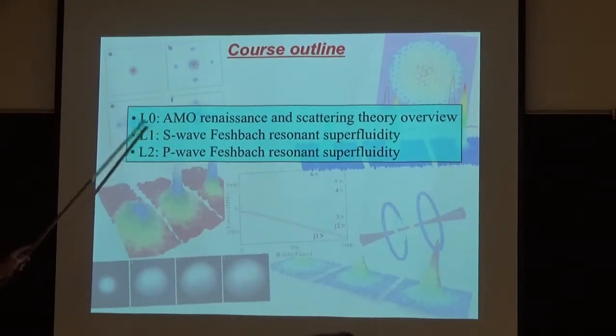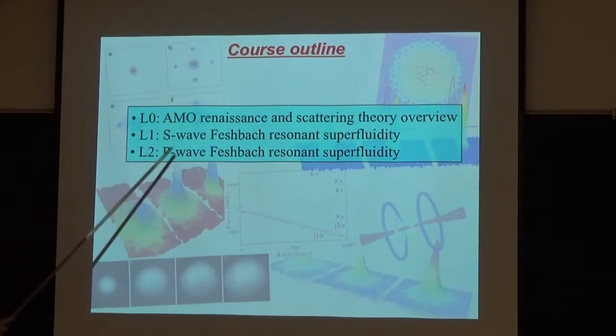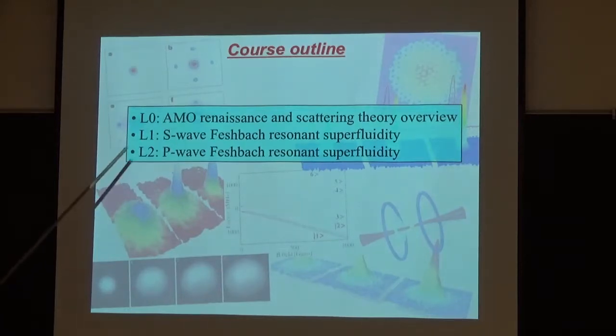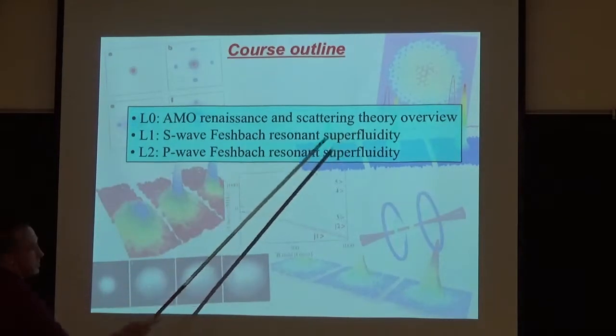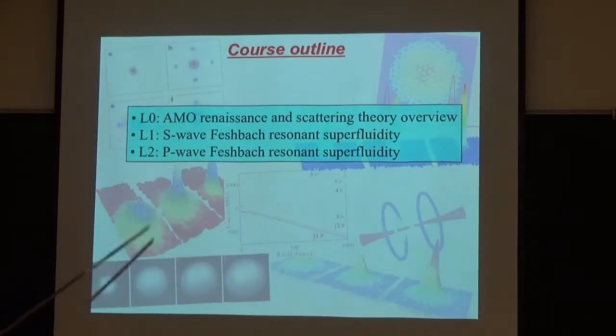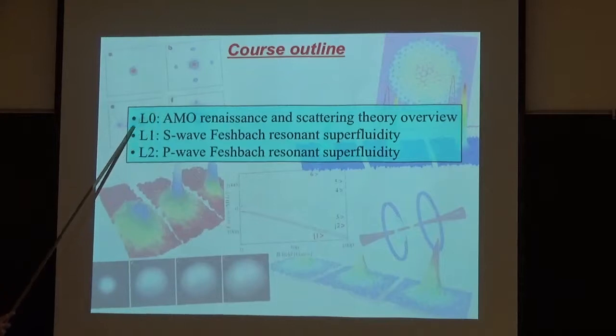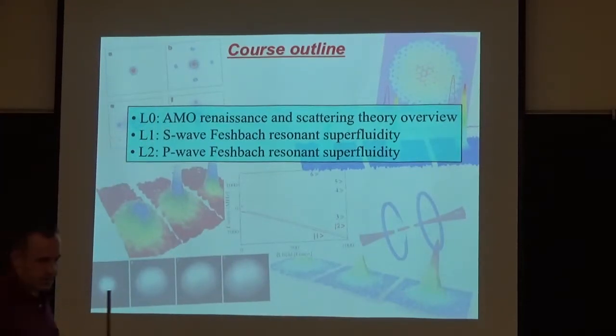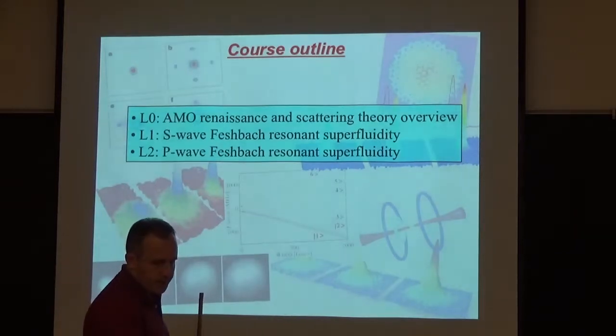But I can't resist, and it's probably appropriate given most of you do not work on cold atoms, to give a little bit of an introduction and put it in perspective before really delving into details. So this part is going to be today, but will probably spill over quite a bit into tomorrow. That's the plan. I'm going to try to go through some of this, and then leave the P-wave Feshbach resonance as the main topic for tomorrow.